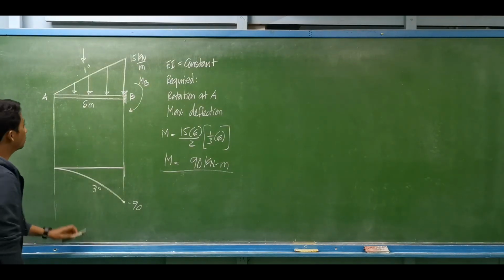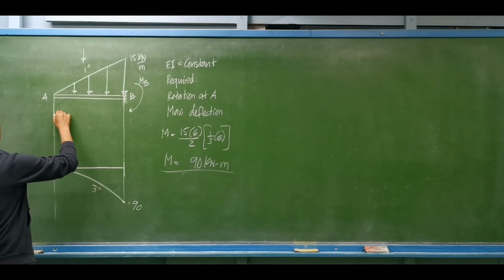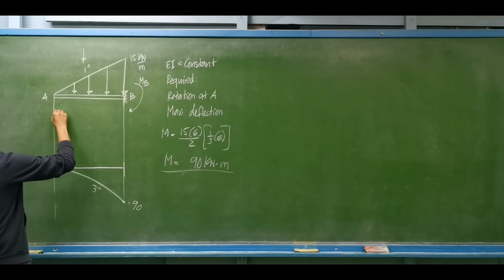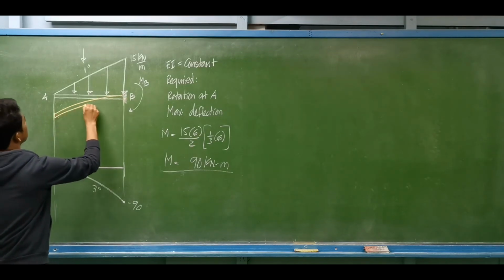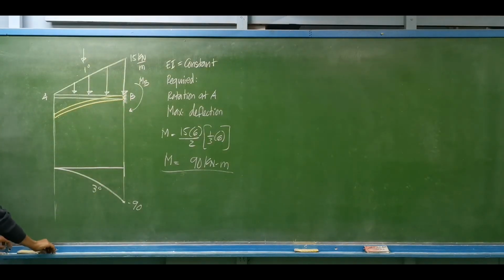So let us imagine the equivalent elastic curve of this beam. Supposedly this is the deflected form of the beam. We are to determine the rotation at A and the maximum deflection.